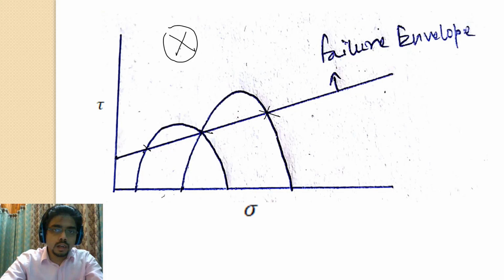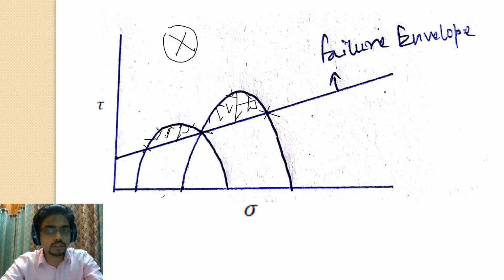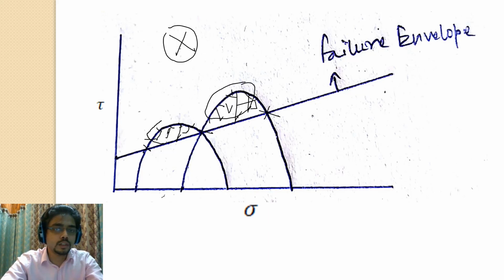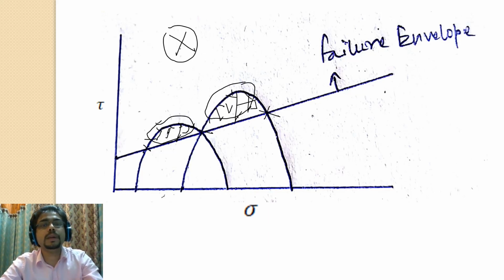So these points which are having a shear stress greater than the failure stress, how can they be generated? There cannot be any stress which is greater than the failure shear stress. Failure shear stress will only occur on the failure envelope. So there will be no such soil which will have these stress zones. So this figure, in reality and theoretically, is not possible.